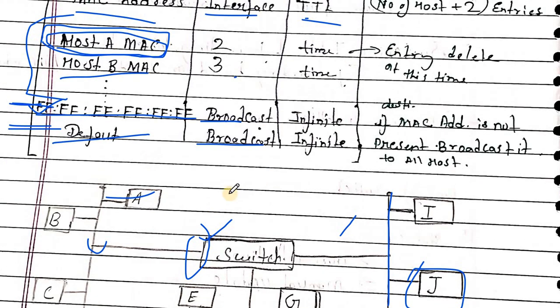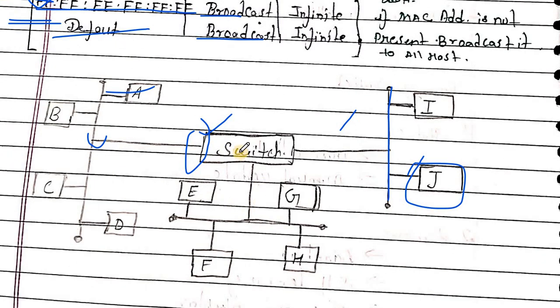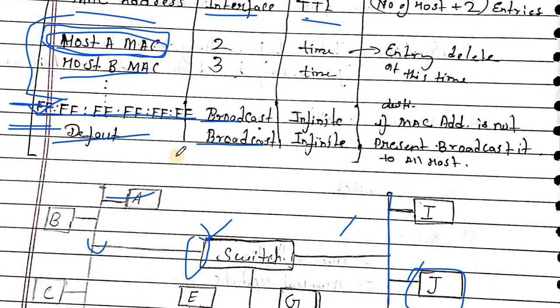Here the destination is not a single host; the destination is all connected nodes. So in the case of all connected nodes, it is a broadcast.